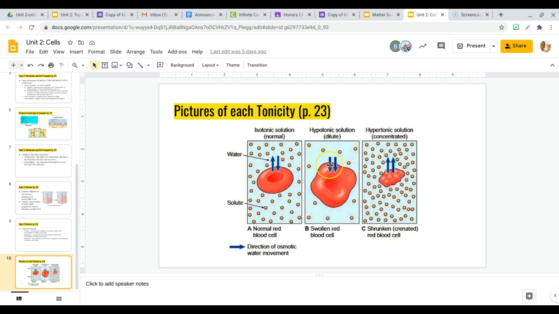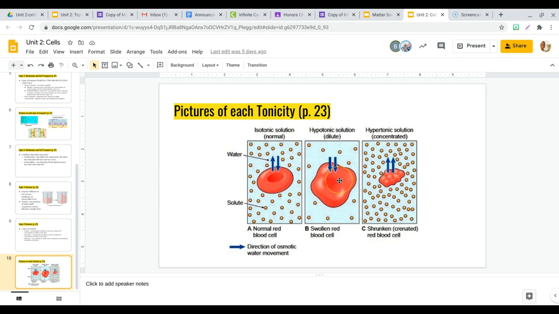So what the water wants to do is it wants to go in here because there's less concentration of water. There's a higher concentration of water on the outside of the red blood cell and a lower concentration of water inside the red blood cell because there's more solutes inside.